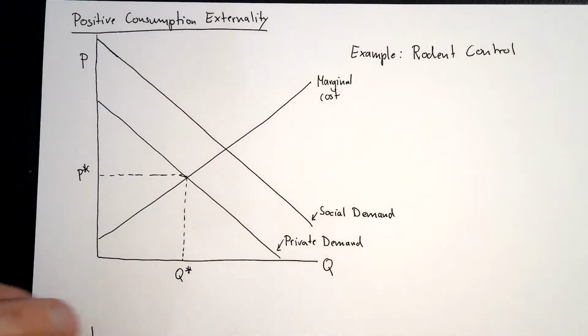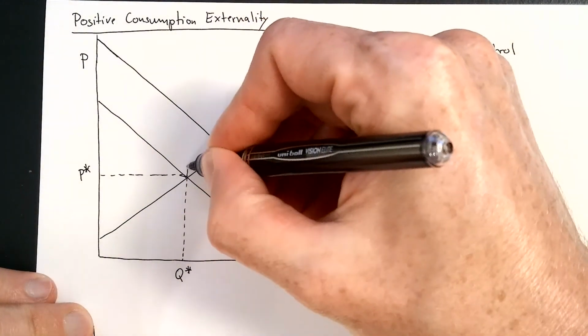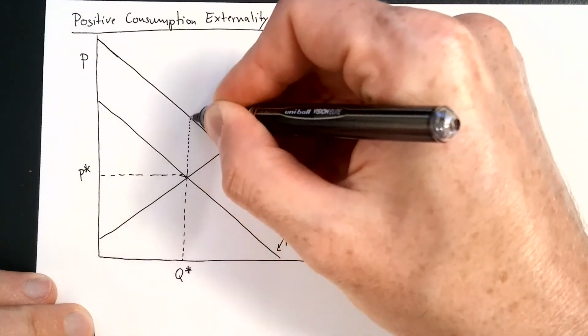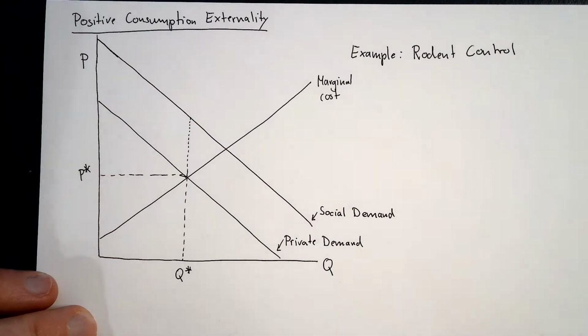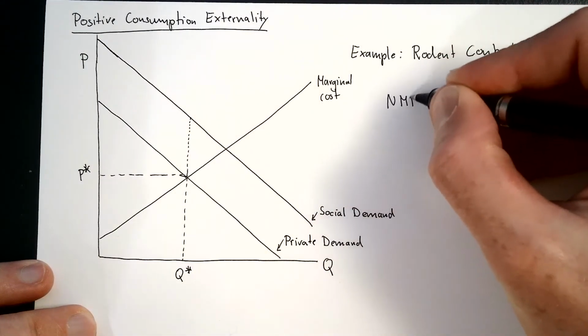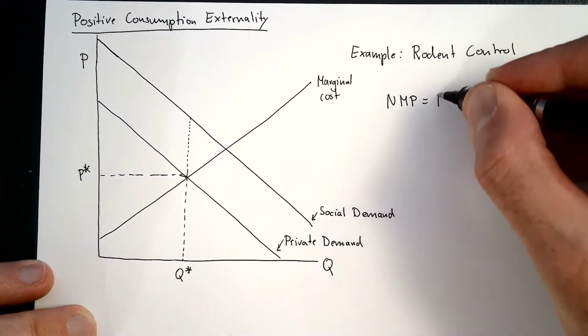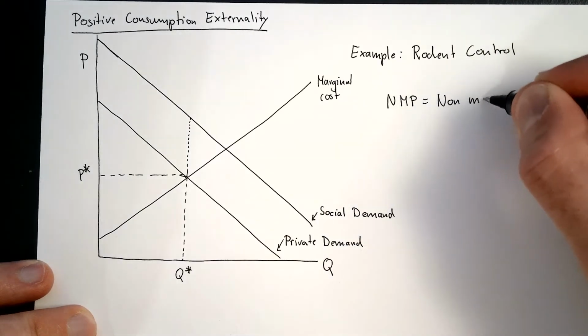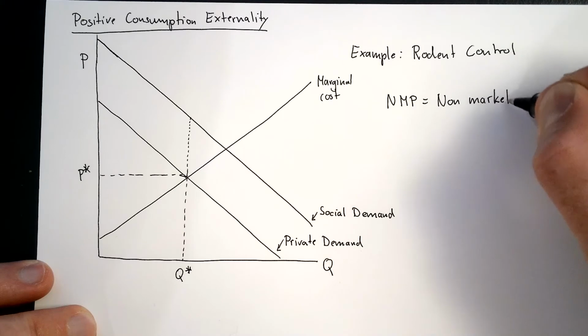But note that at this quantity, we also have a benefit to non-market participants. Let's call them NMP for non-market participants. So those are, for example, my neighbors.